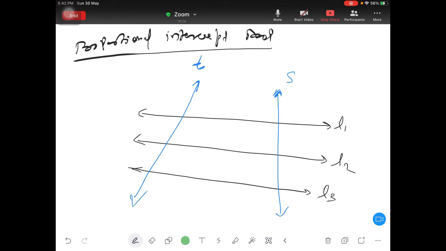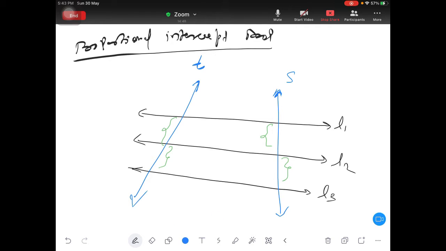Okay, then proportional in the sense that the intercepts made by these lines will be proportional. This portion will be proportional to this portion, and this portion will be proportional to this portion.